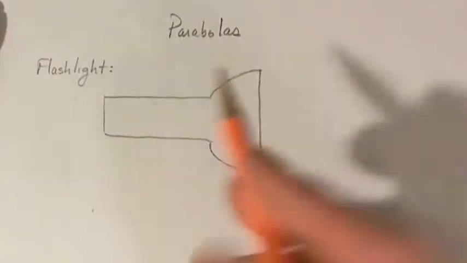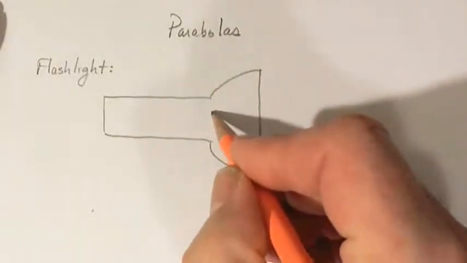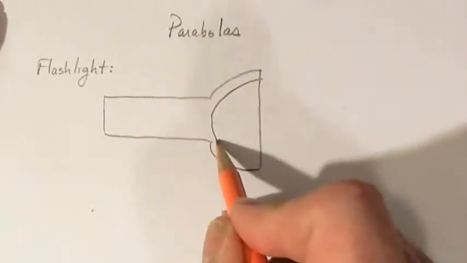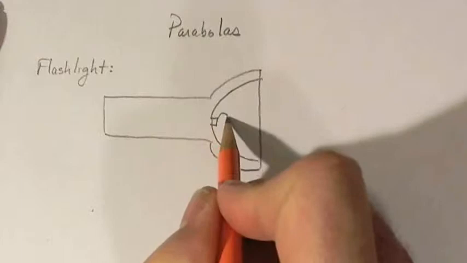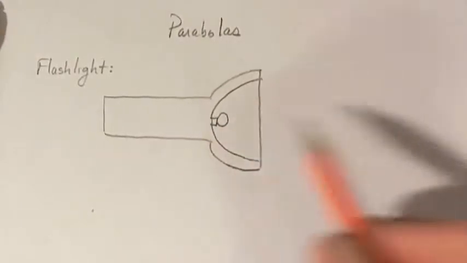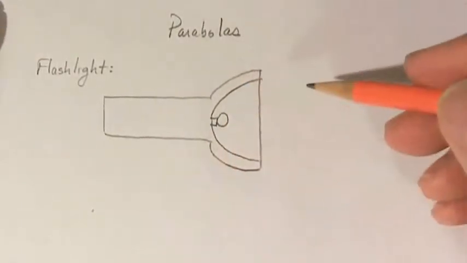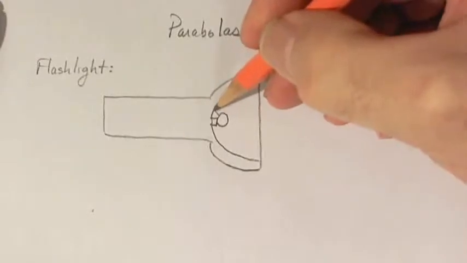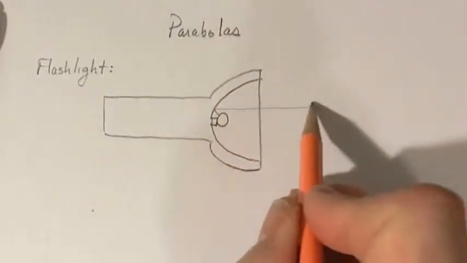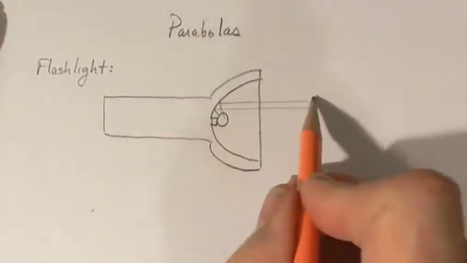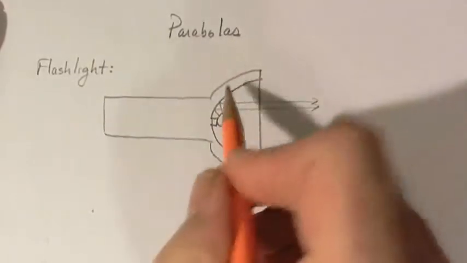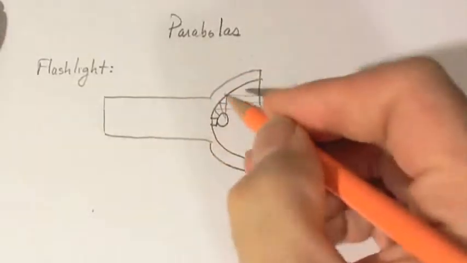The batteries go in here, and you have some kind of a lens inside, and then in here you have a little bulb, and the bulb produces light, and this light reflects off the lens, and no matter which direction the light comes off of the bulb, it goes in the same direction.